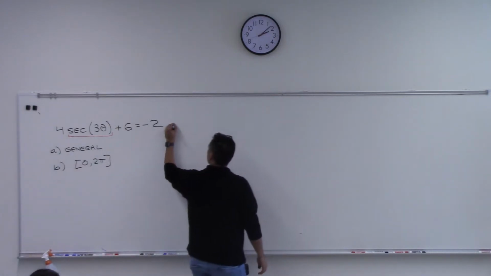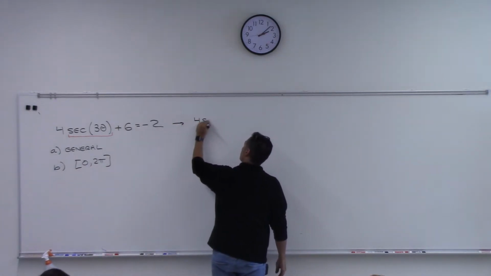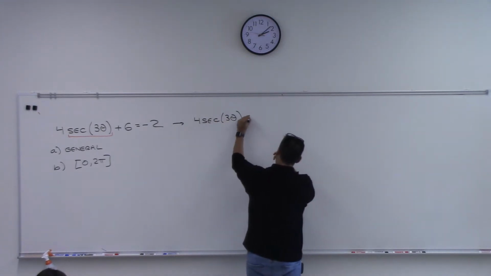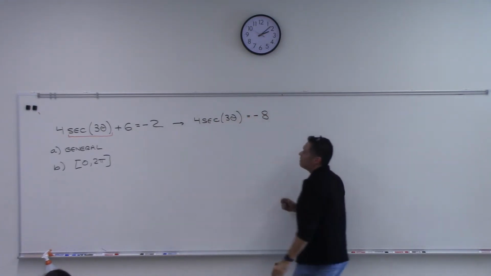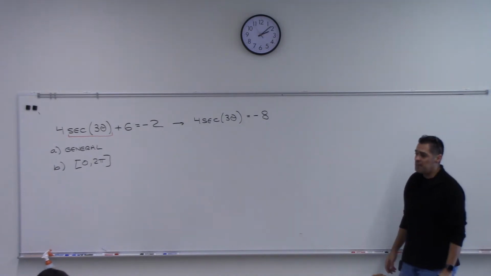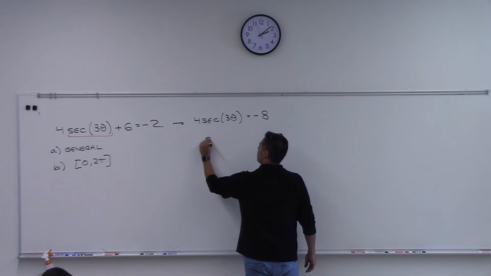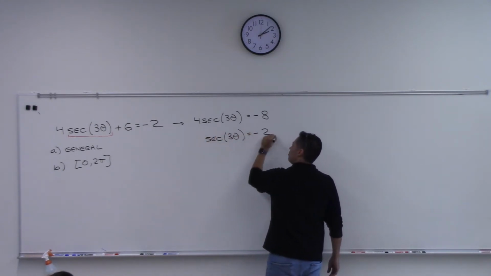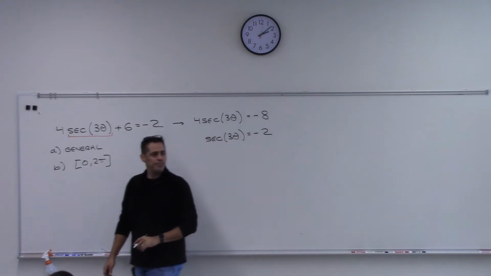Right, so this becomes 4 secant of 3 theta equals negative 8. Just subtract 6 on both sides. Divide both sides by 4. Secant of 3 theta equals negative 2. Go with me?